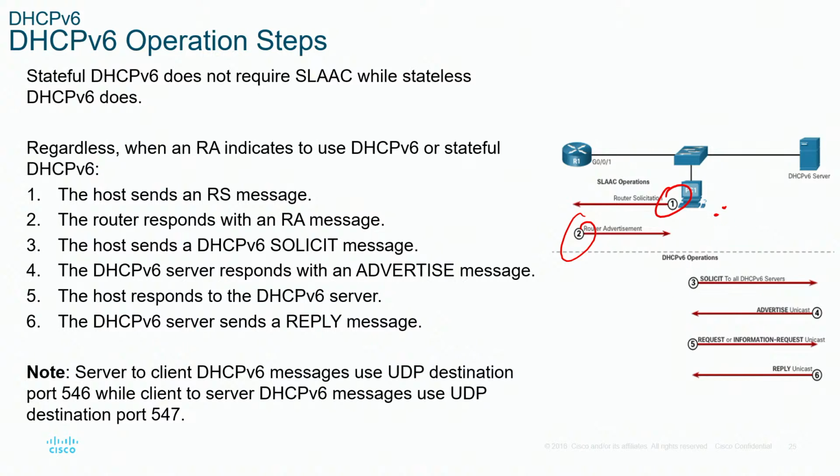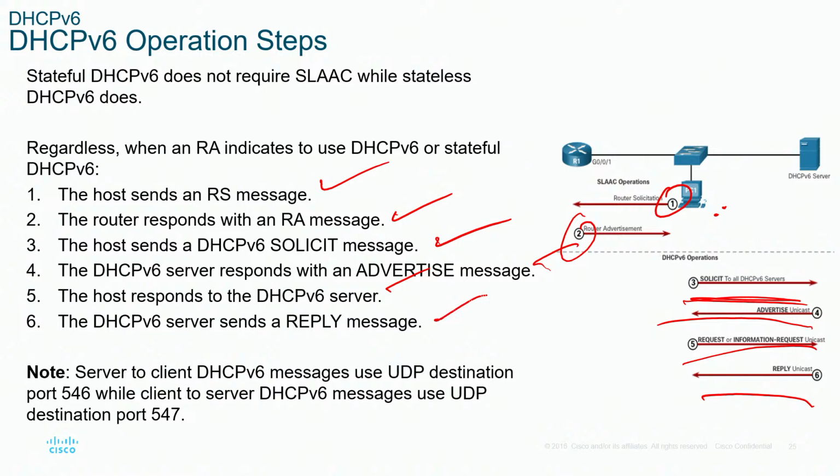The router also says, hey, there's a DHCPv6 server you should go deal with. So it sends the solicit out to that, gets an advertise back, sends a request, and gets a reply. The host responds to say, hey, I got it. The DHCP server says I reply, and now we're up and running.